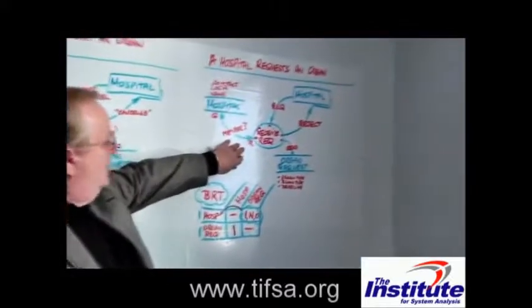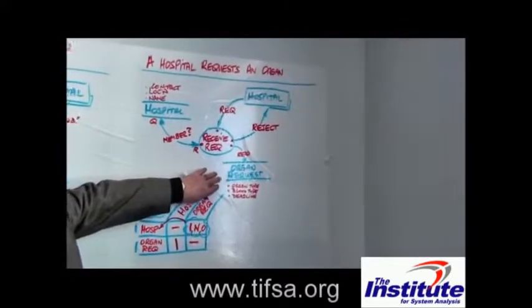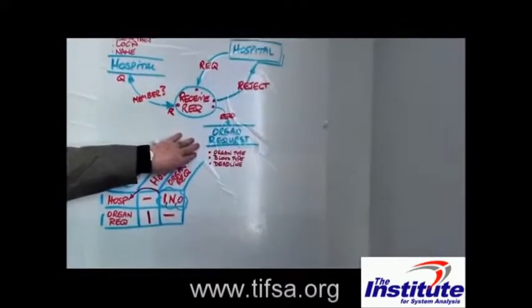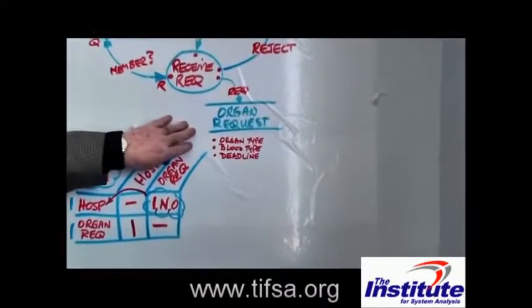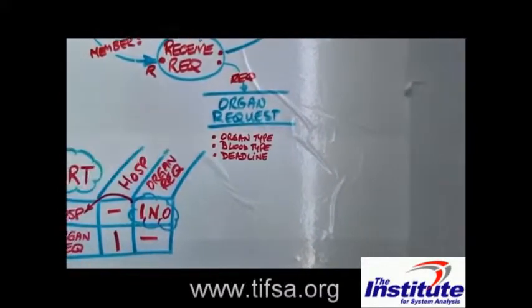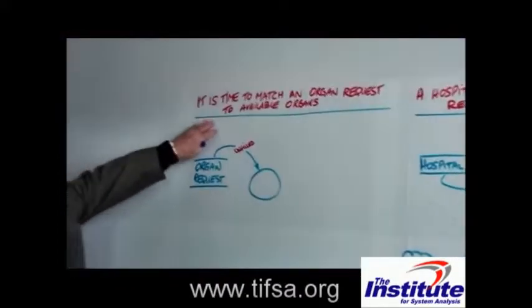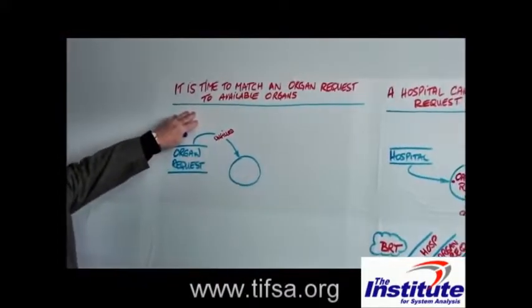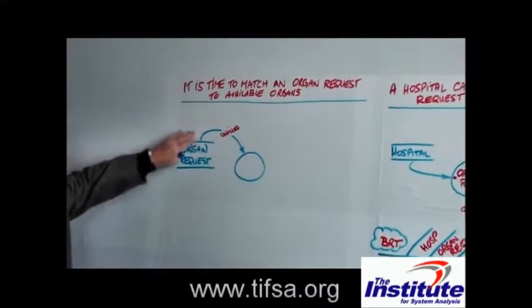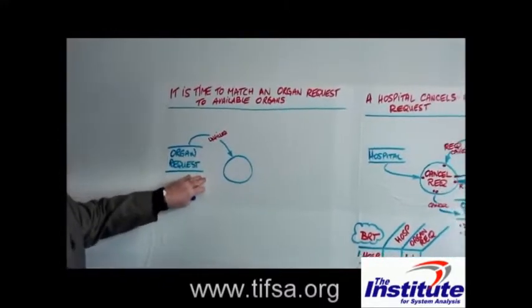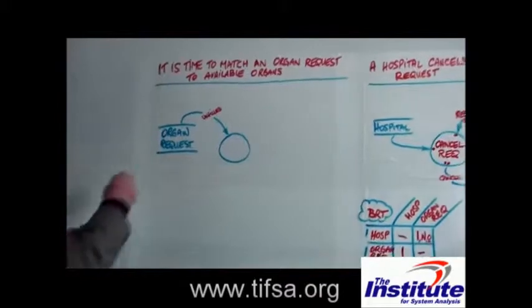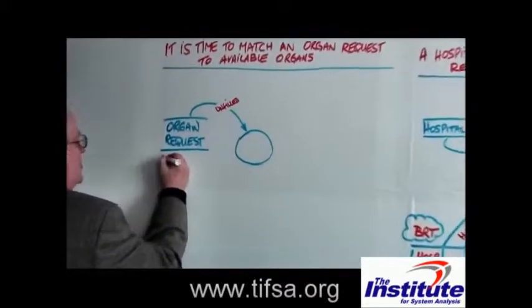So if we look at this process here, and we look at some of the data that we needed initially, we said, well, organ type, blood type, deadline, a few things like that. Now, as we go to this process, and we're dealing with an event that's trying to match a request to the available organs, how do I know it's unfilled? Well, I know it's unfilled, and here's where data attribution comes into it again.